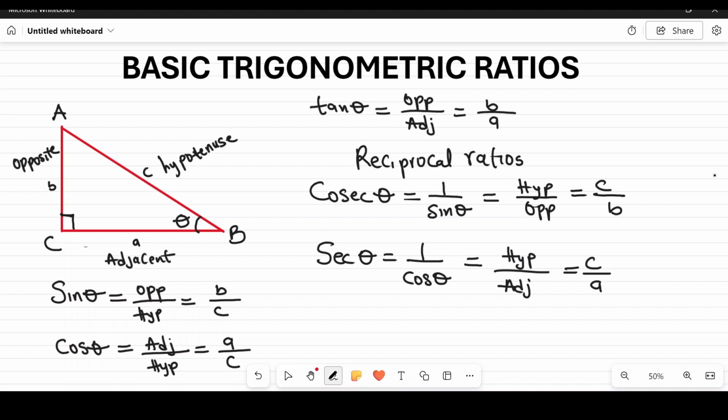The last ratio we have is known as the cotangent, represented as cot theta. This is known as the inverse of tan theta. From our ratios, we know that tan theta is opposite divided by adjacent, and the inverse of that will be adjacent divided by opposite.